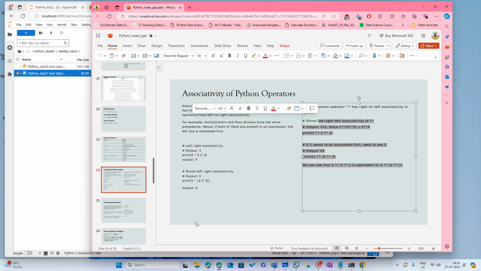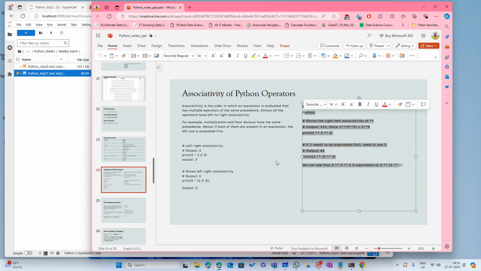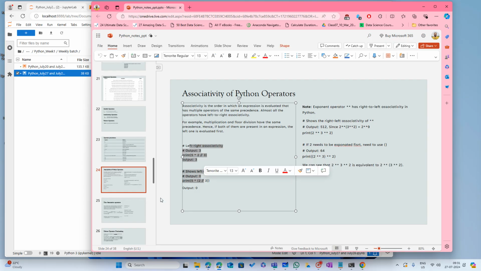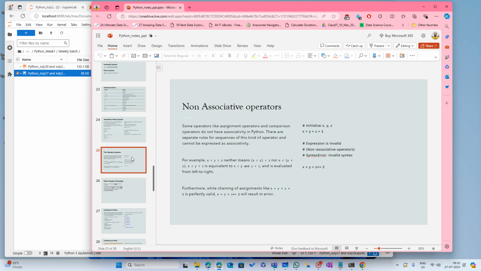You remember that much, that is more than enough. Don't worry about these explanations. Just exponent is done right to left, everything else is left to right. Other languages like Haskell and C follow the same process, but other languages might do it differently.